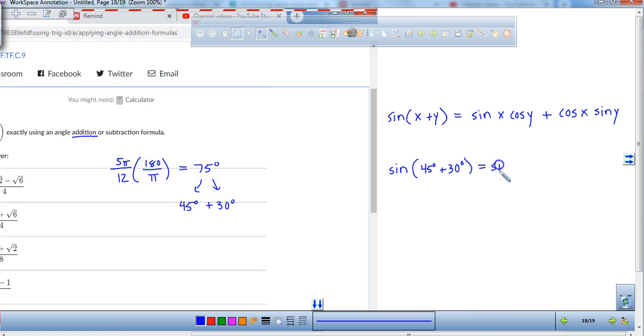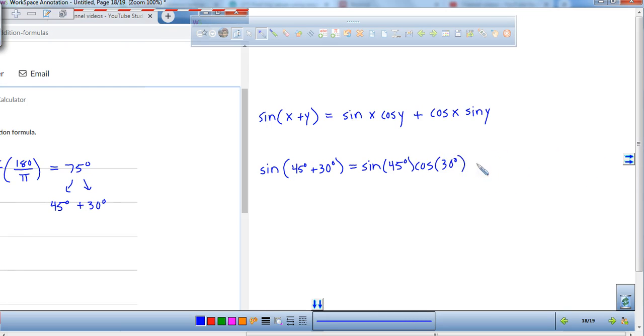So here we go. We're going to find the sine of 45, and we're going to multiply it by the cosine of 30. Then we're going to take the cosine of 45, multiply it by the sine of 30.